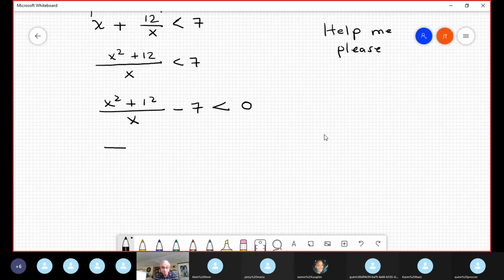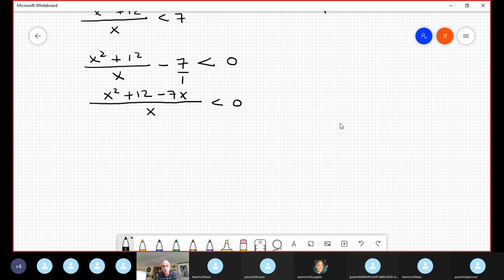So I propose you, again, suppose that 7 is a whole number, denominator is 1, the least common denominator is x, and we have x squared plus 12 minus 7x. Oh, much better. Much better, at least for me.